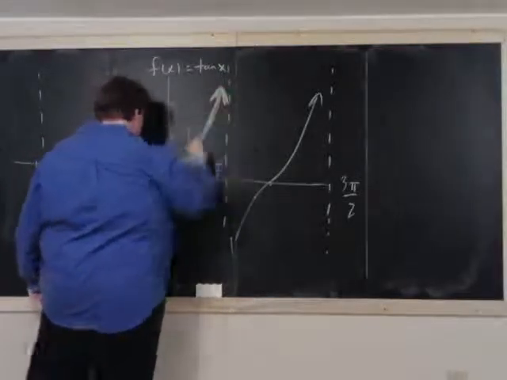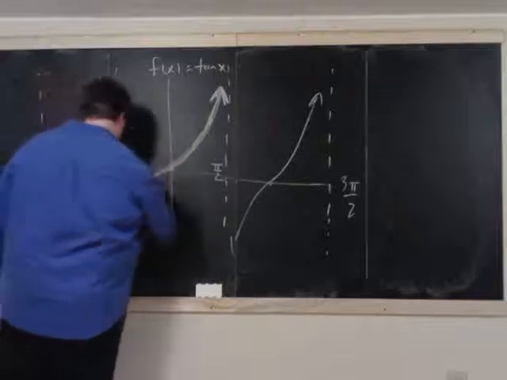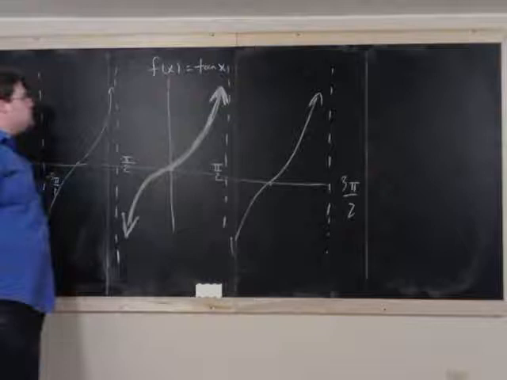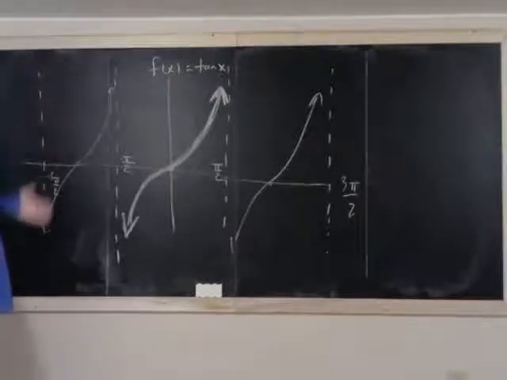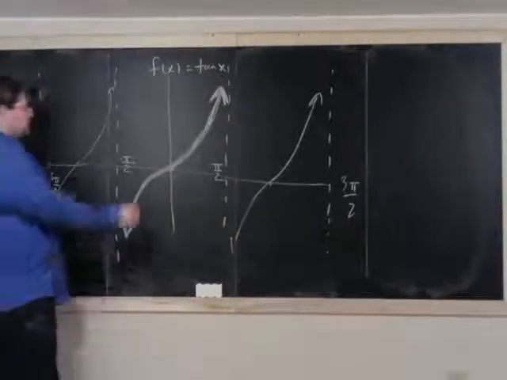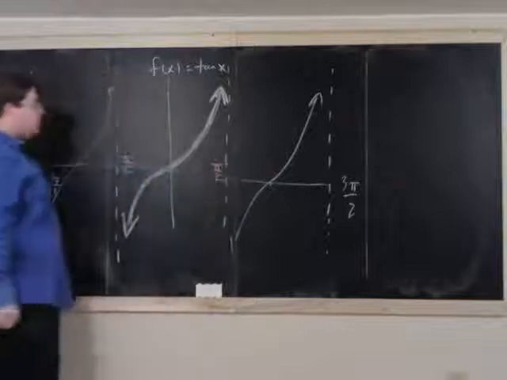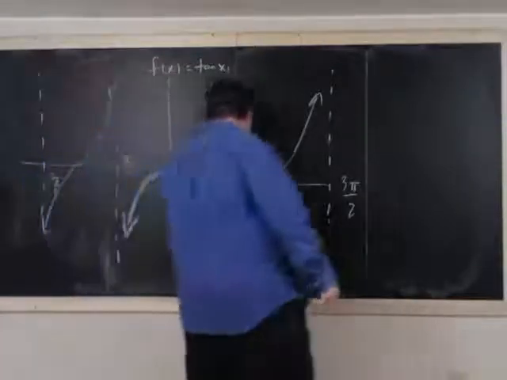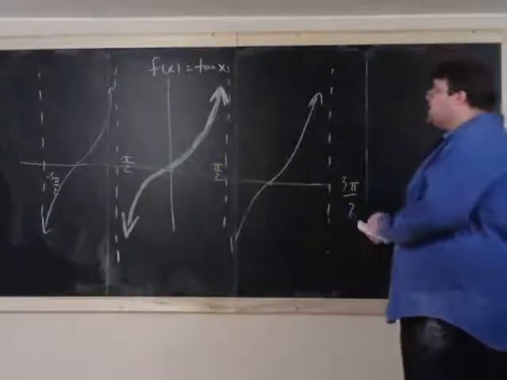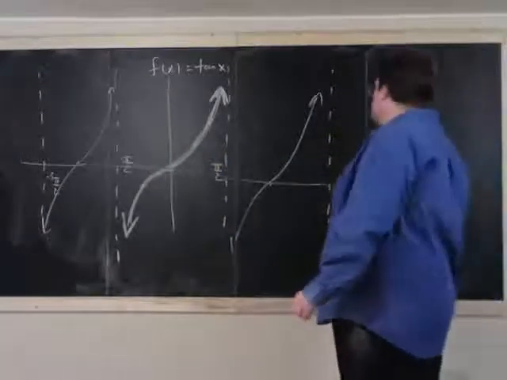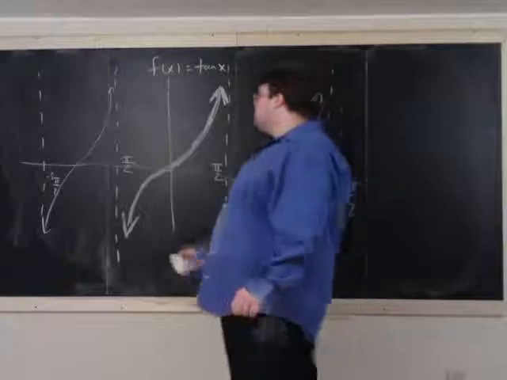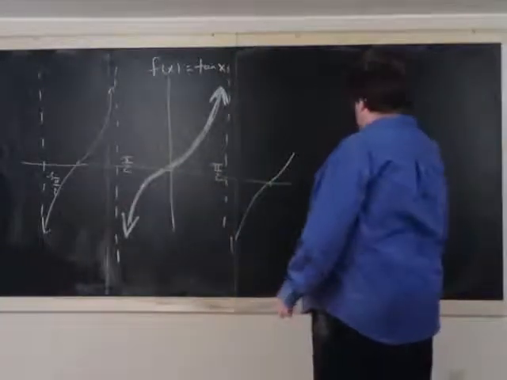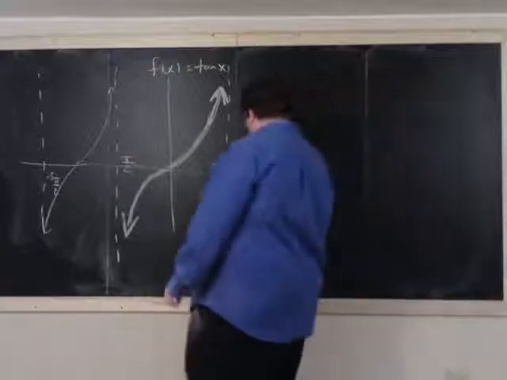Now, this domain restriction is going to look a little different. We'll restrict our domain so that what we get is that piece. In other words, we'll restrict our domain to negative pi over 2 to pi over 2. That'll hit all of our y values, and it will satisfy the horizontal line test. Now notice this function's not defined at pi over 2 and negative pi over 2. So instead of a closed interval, we're going to use an open interval in our restriction.